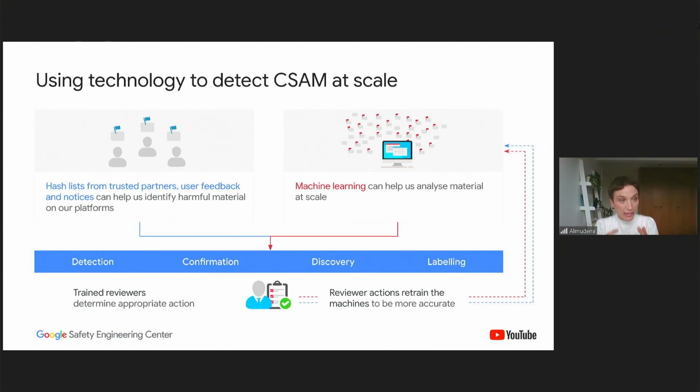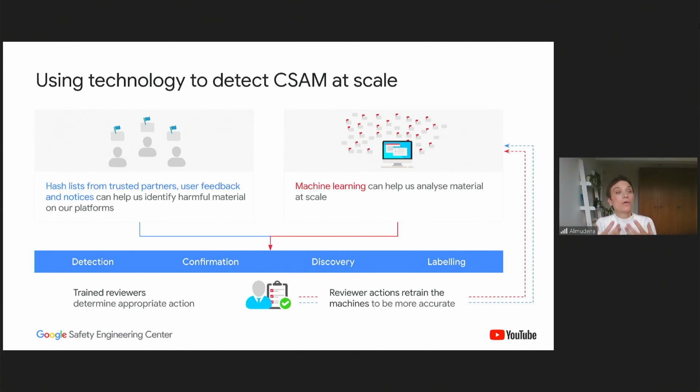The other area that it's difficult for us to establish as well is self-generated content. And here I think we need to understand that often, even if the material might have been generated by the child themselves, this is often in the context of grooming or exploitation, or even if it has been generated in what might have seemed like a supportive relationship, often that content will take a different life on itself and be distributed without the consent of the child and with the intent of harming the child.